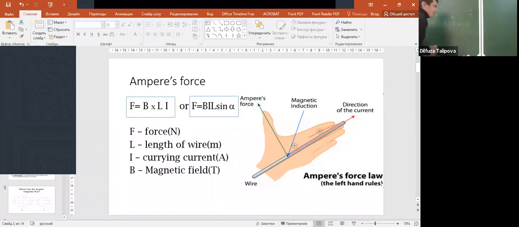So here theta is the angle between the magnetic field and the length of the wire.